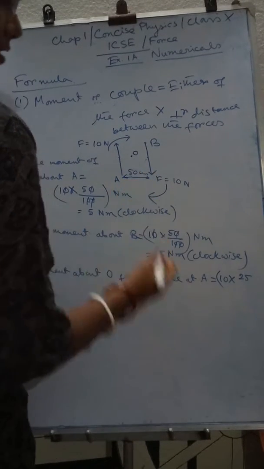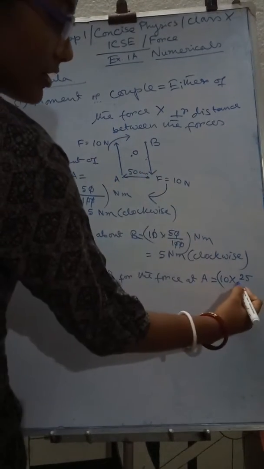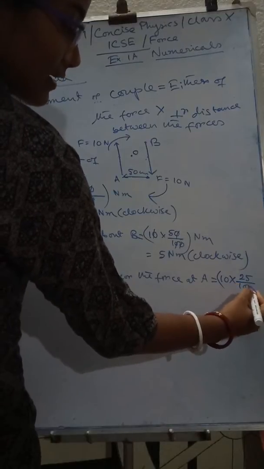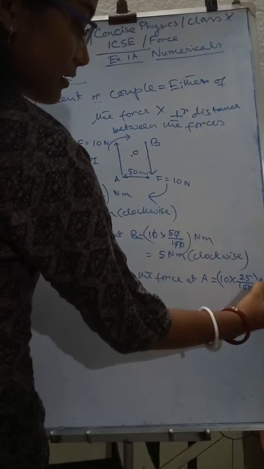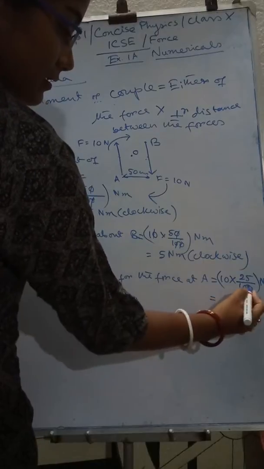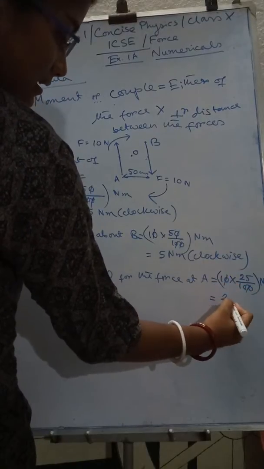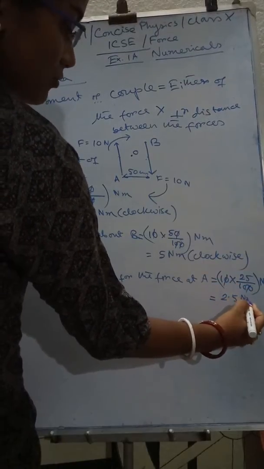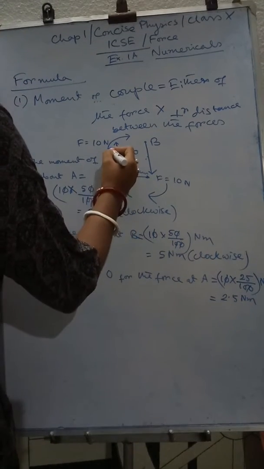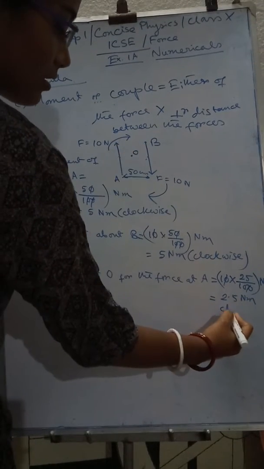Therefore the distance will be 25 centimeter. That means 25 by 100 meter. So the moment will be 2.5 Newton meter and the direction will be clockwise.